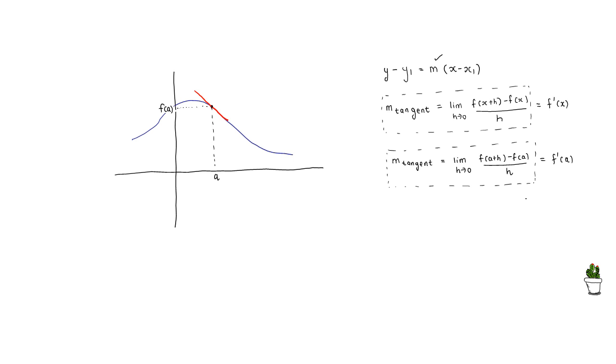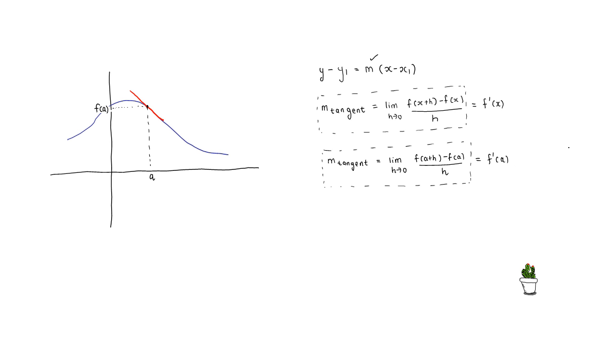Another way that we can write down to say that we are looking at the gradient at a specific point, instead of writing f prime of a, we can also write dy by dx evaluated at x equals a. That's another notation that you can use. So that's the gradient of our tangent line.